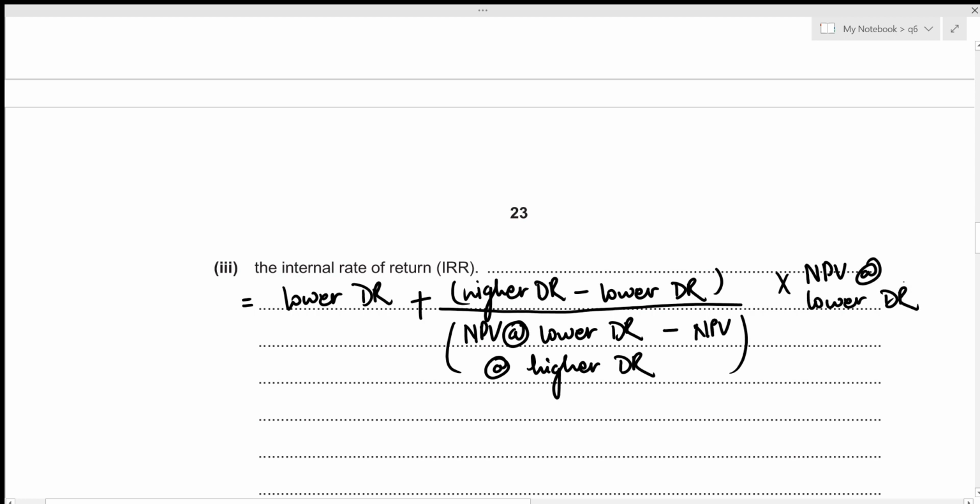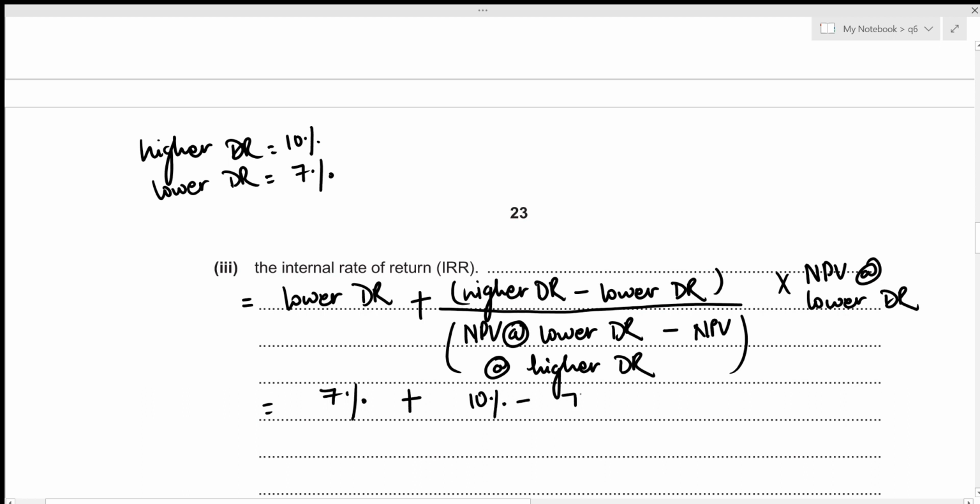So remember above we were given two discount factors at 10% and 7%, and in this case our higher discount rate is going to be the 10% one and our lower discount rate is going to be 7%, right? So the lower discount rate is 7% plus our higher discount rate minus lower discount rate.